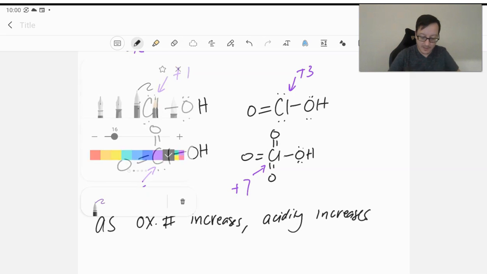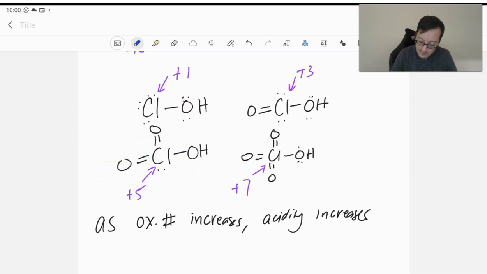The electrons are being pulled away from the chlorine, right? They're being pulled in all these different directions. And so that poor chlorine's all like, please give me some of your electrons. And as a result, that OH bond decreases in strength, thereby making it more acidic.